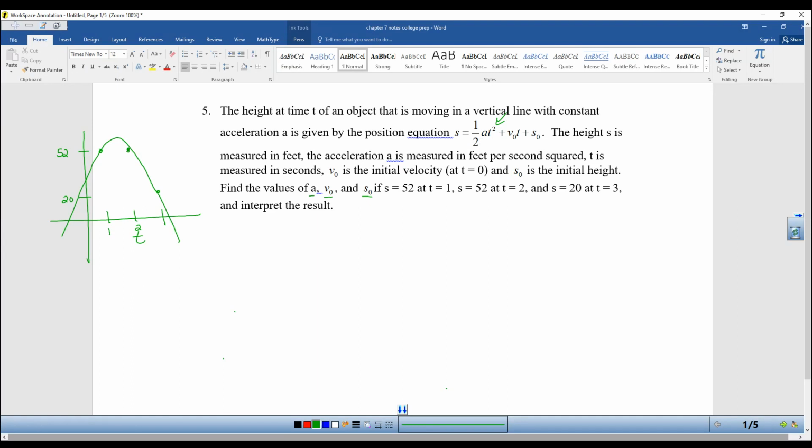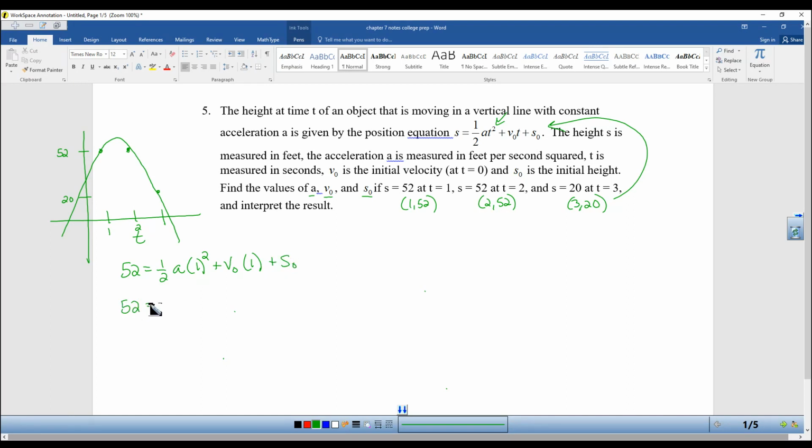So first, I'm going to plug all these values, 1, 52, at 2, it's 52, and at 3, it's 20, into my equation. So first one, 52 is equal to 1/2 A 1 squared plus v sub 0 times 1 plus s sub 0.